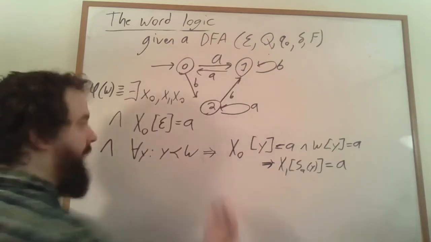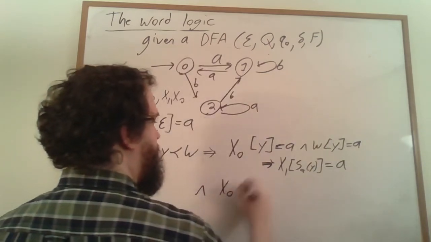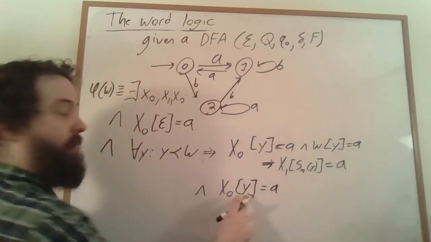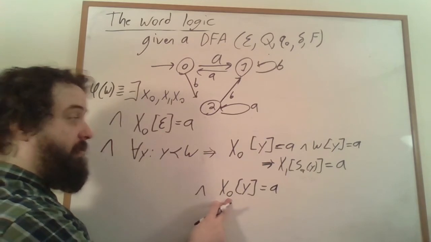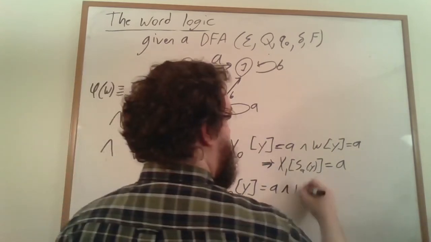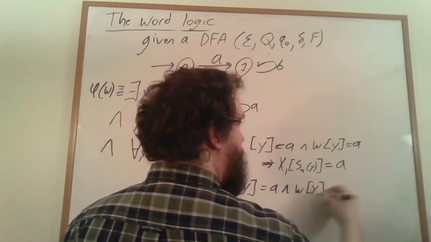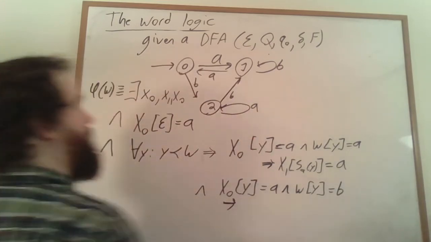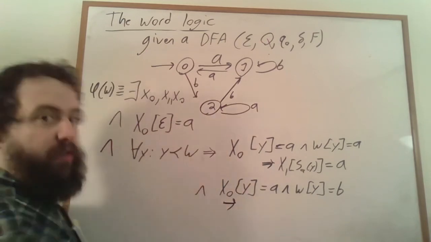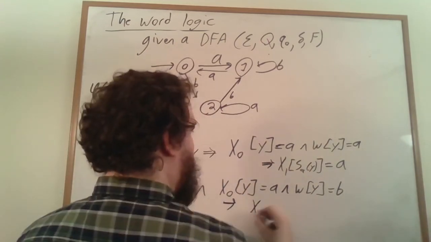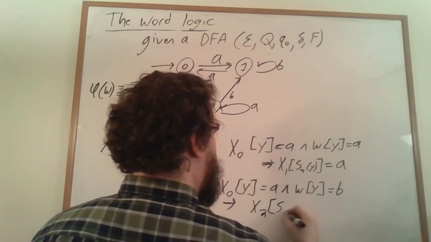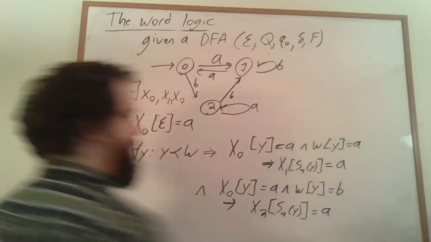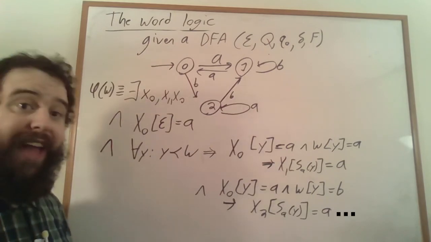On the other hand, if x0 of y is equal to a, so if at time y we're in state x0 and w of y, and we read a b, then we're going to wind up in state 2 next. So x2 of say gets the a. And so on and so forth.